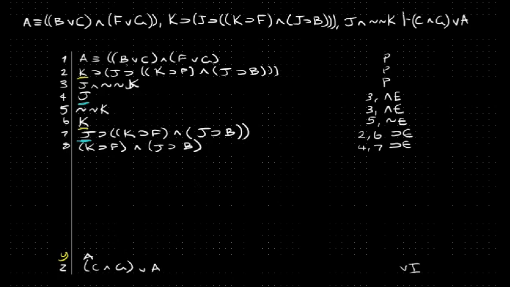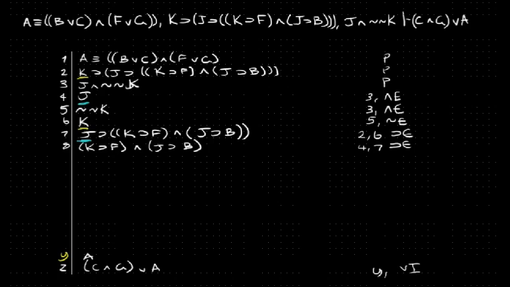Because suppose that we derive A from this, we're immediately going to be able to use our disjunction introduction rule with line Y to get our conclusion.